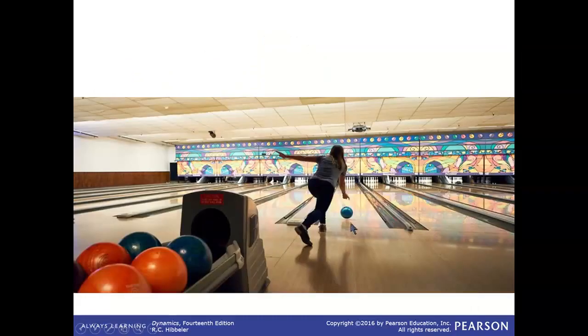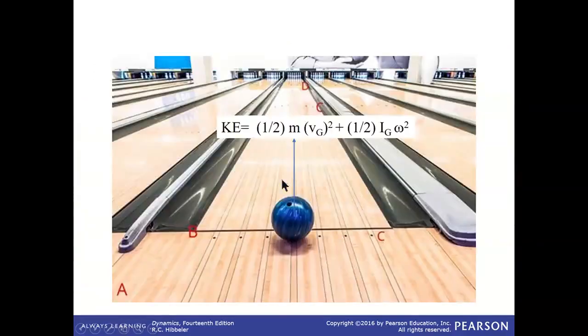When a person throws the ball on the track and it goes towards the pins, the ball has two different types of energy. It not only has kinetic energy, but it also has energy because of its rotation about its own mass center.